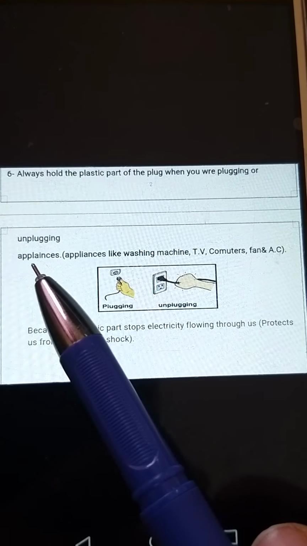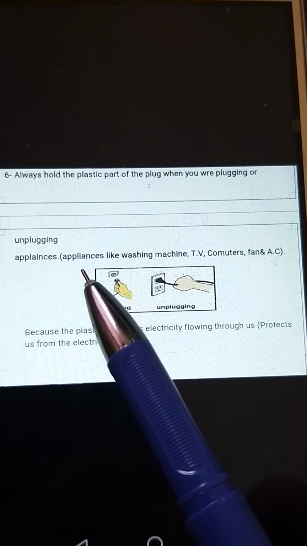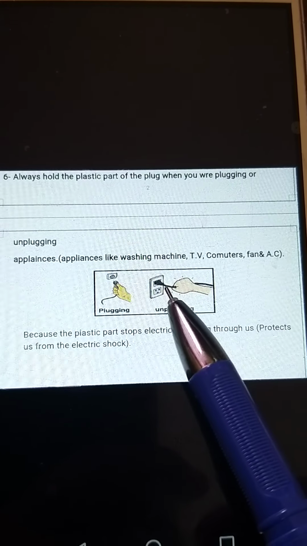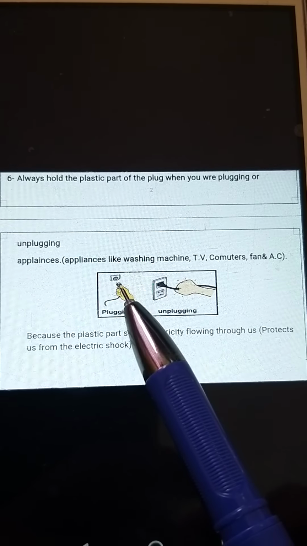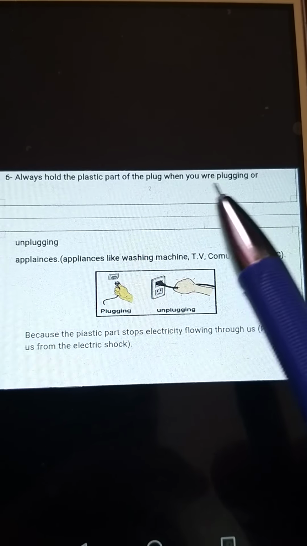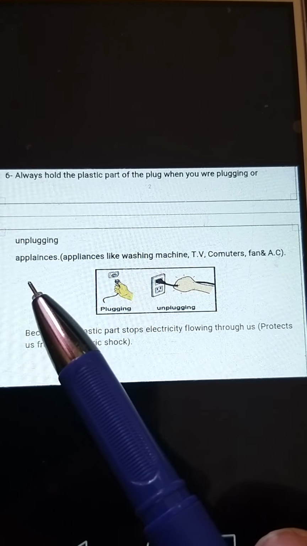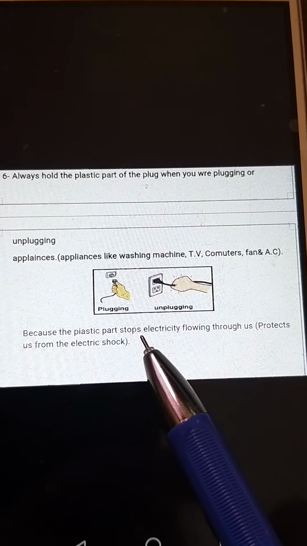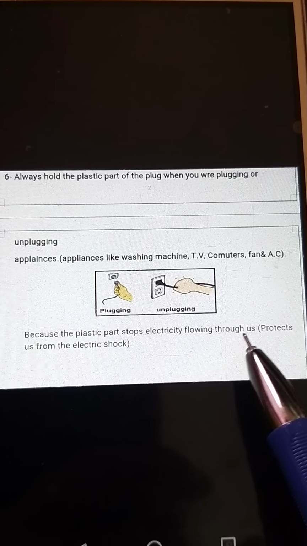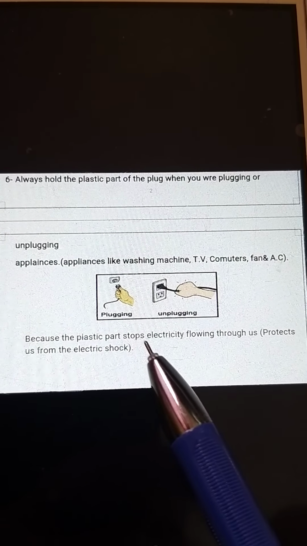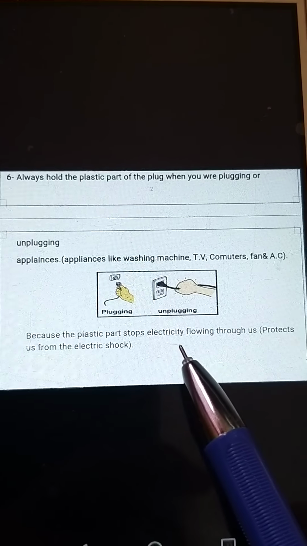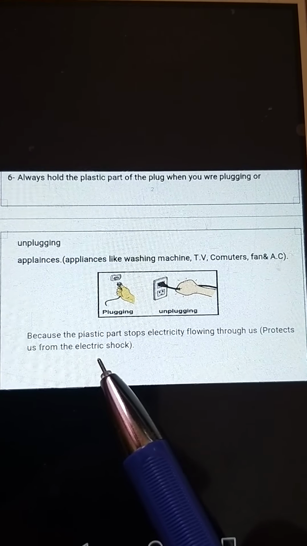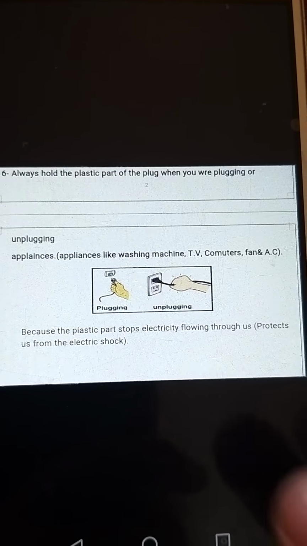It is called what? Appliances or devices. So always hold the plastic part when you are plugging or unplugging any appliances. Why? Because the plastic part stops electricity flowing through your body. The plastic part protects us from the electric shock.